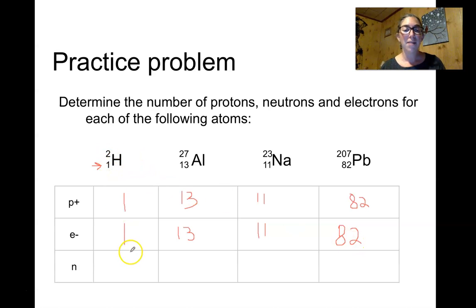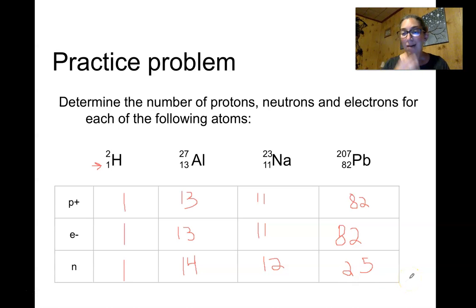So 2 minus 1 is 1. 27 minus 13 is 14. 23 minus 11 is 12. And 207 minus 82 is 5, 2, 25.